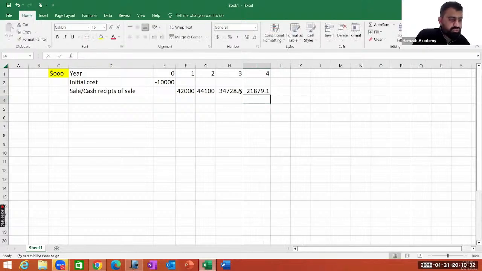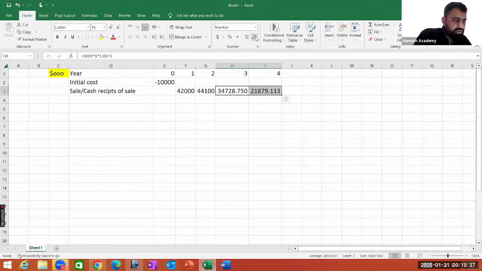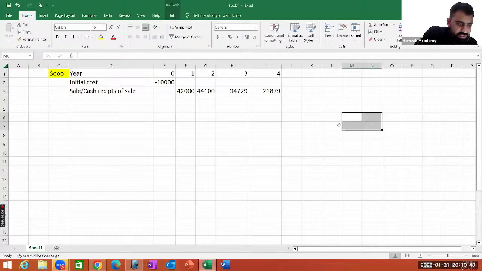So this is how we will calculate the sale or cash receipt. The formula which we have used here is basically units into sale price per unit into 1 plus g raised to power n.